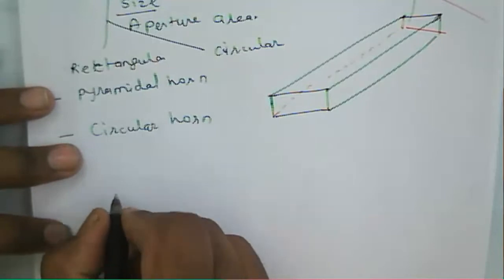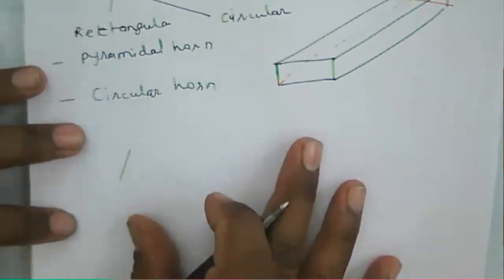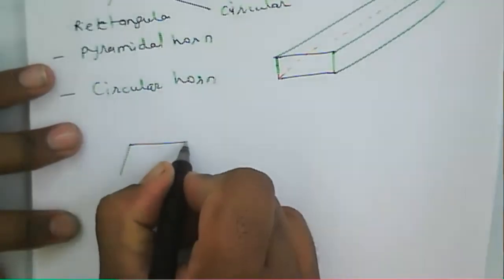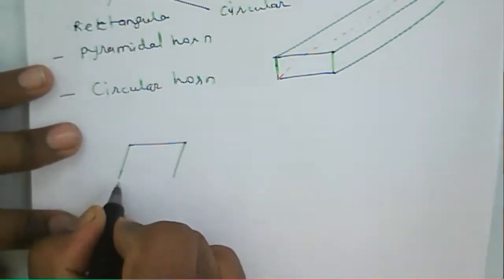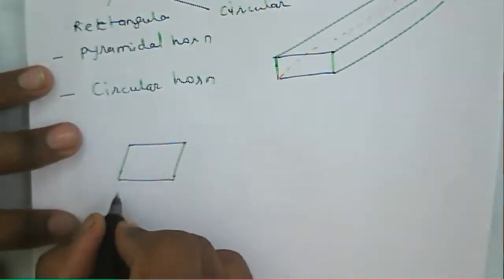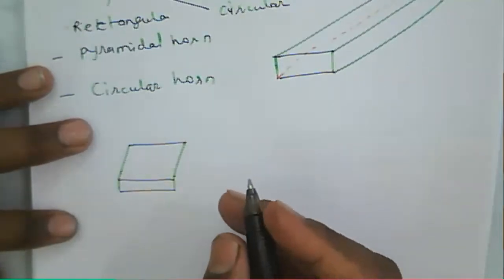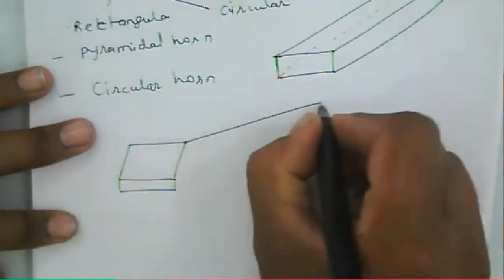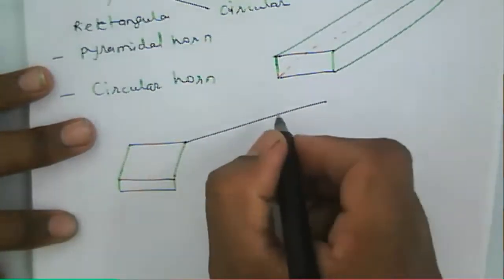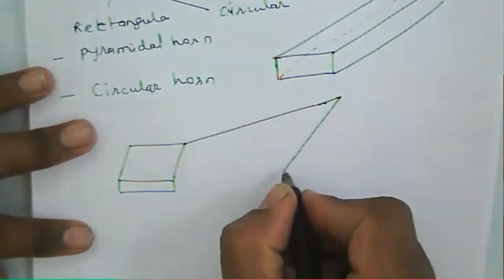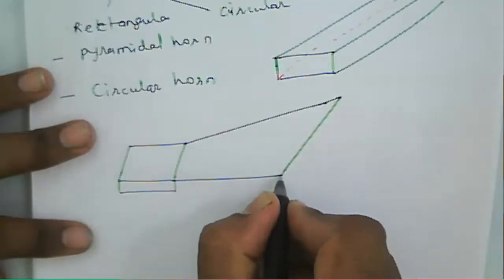Now I'll first draw how the pyramidal horn antenna looks. This is the rectangular shape, and here is the height. I'll draw it here first so that it will be easiest for us.